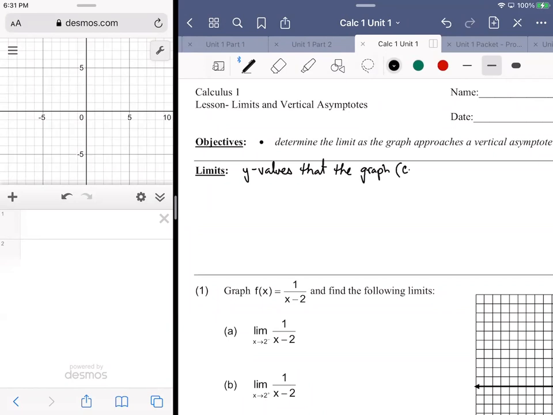So when I say graph, I mean the curve itself approaches, as x approaches a given number. All right. So that's the everyday language part of it.